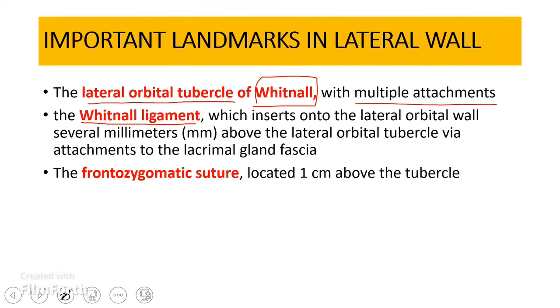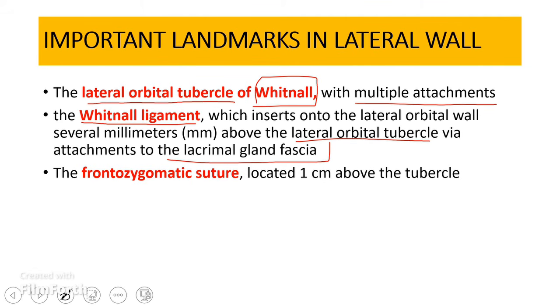This Whitnall ligament inserts onto the lateral orbital wall several millimeters above the lateral orbital tubercle via attachments to the lacrimal gland fascia. So what I want you to remember is that the Whitnall tubercle and Whitnall ligament are not the same, and Whitnall ligament does not insert on the tubercle of Whitnall.